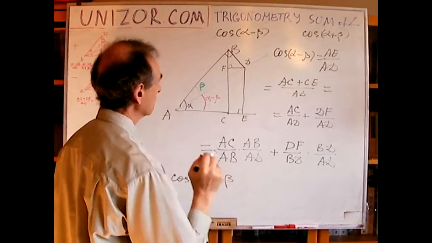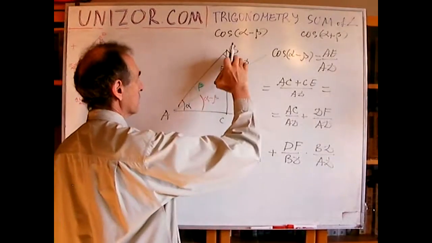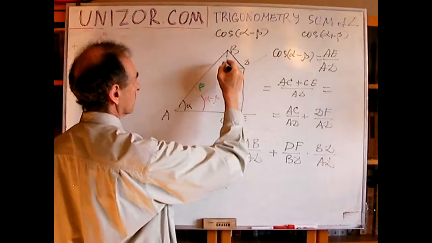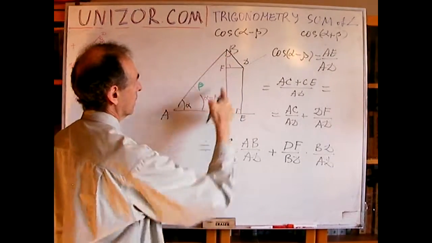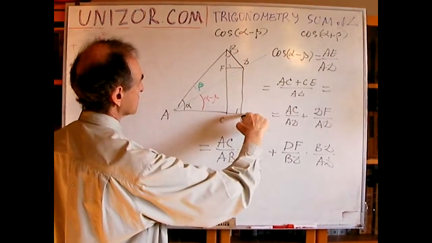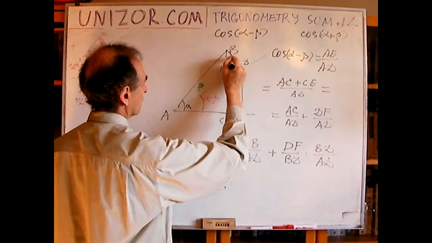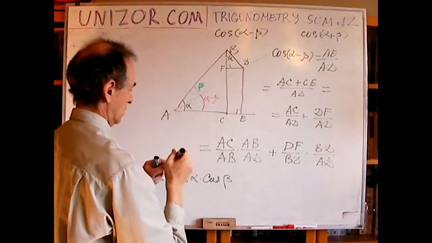Now, one little comment here. Consider this angle on the top. This is perpendicular to this, and this is perpendicular to this, which means this angle is also alpha.